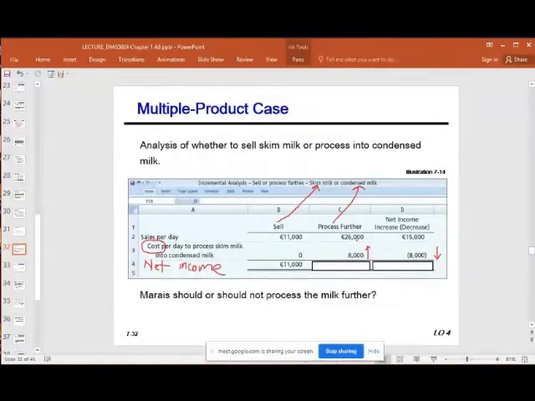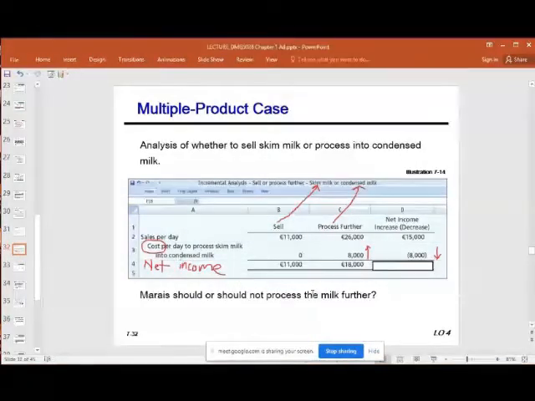So 26, your cost of processing is 8. So you will get your net income at 18. So if you compare, net income increase 7,000. So you get a positive 7,000.